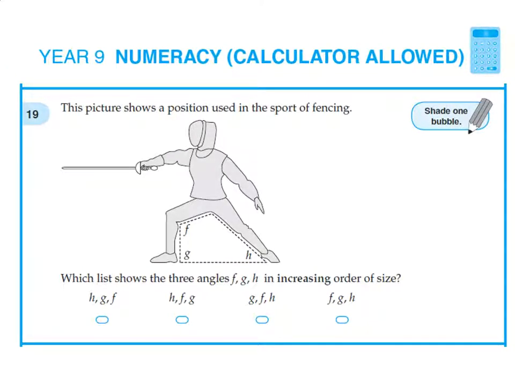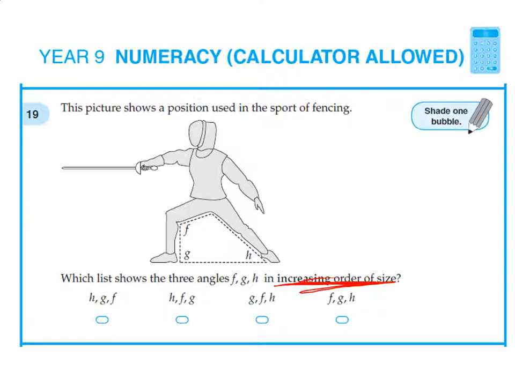This picture shows the positions used in the sport of fencing. Which list shows the three angles F, G, H in increasing order of size? So increasing order means from the smallest angle to the largest angle.